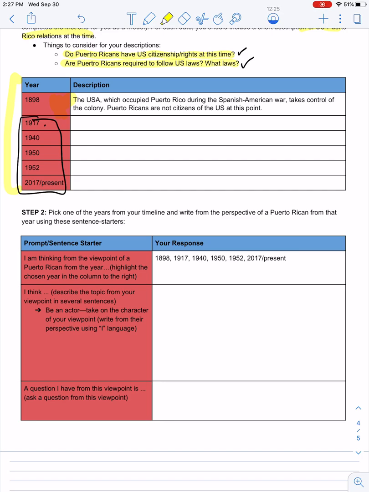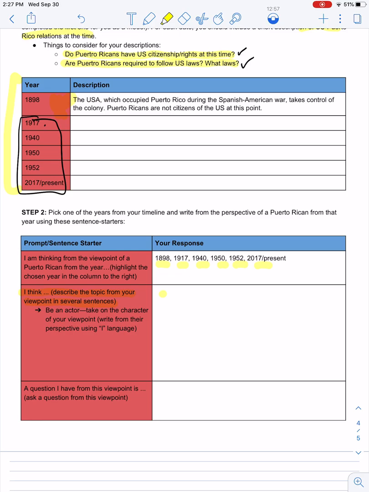So, first thing that you have to do, the prompt says, I'm thinking from the viewpoint of a Puerto Rican from the year blank. So you're going to highlight one of these years, okay? Choose one of them. And then you're going to fill in the next table here with your response. So it says, describe your topic from the viewpoint in several sentences.